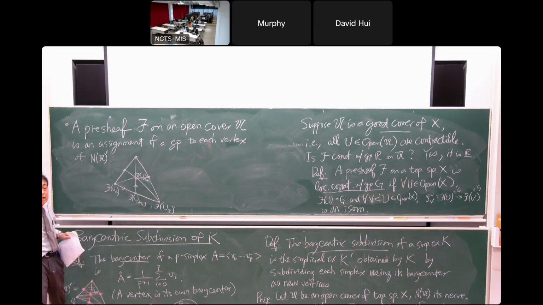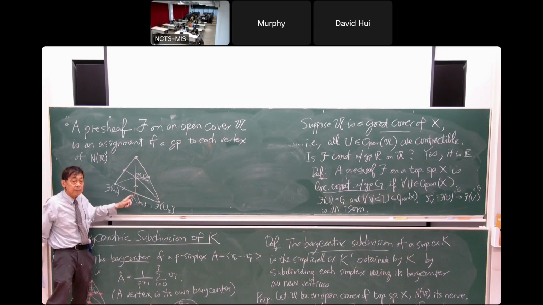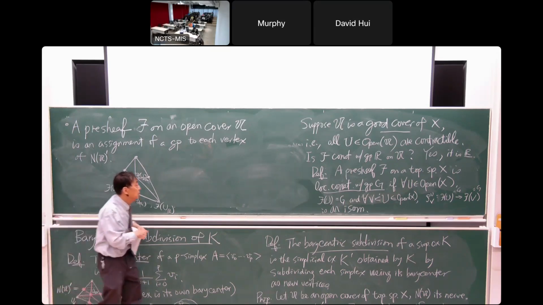But if you have a locally constant pre-sheaf, these restriction maps are isomorphisms. So actually they can go both ways.